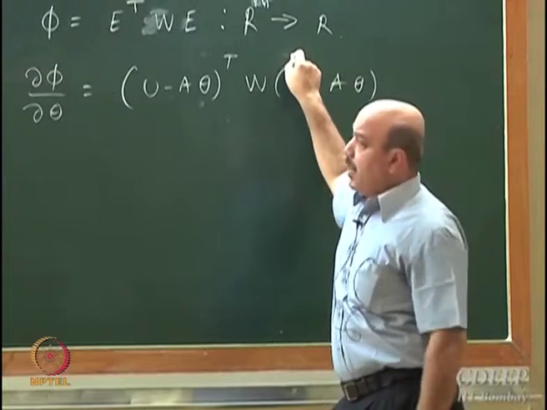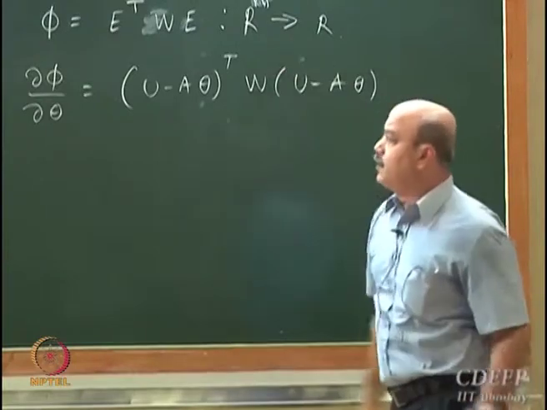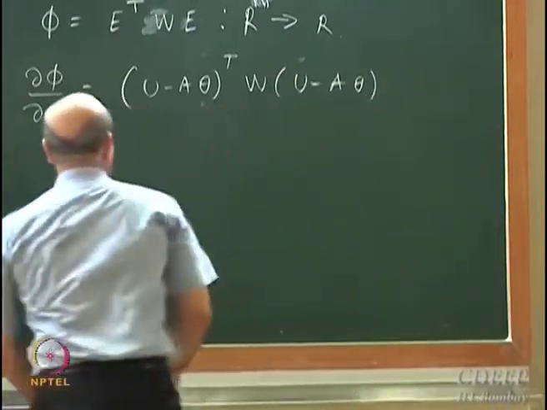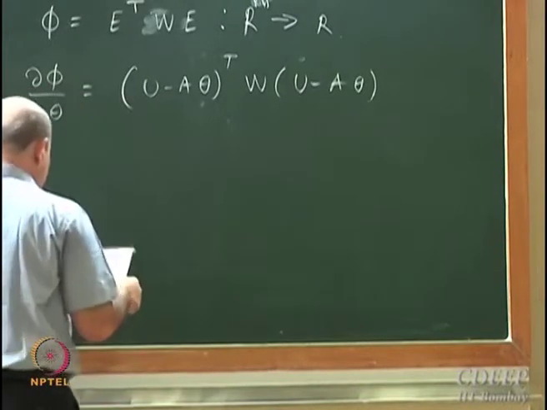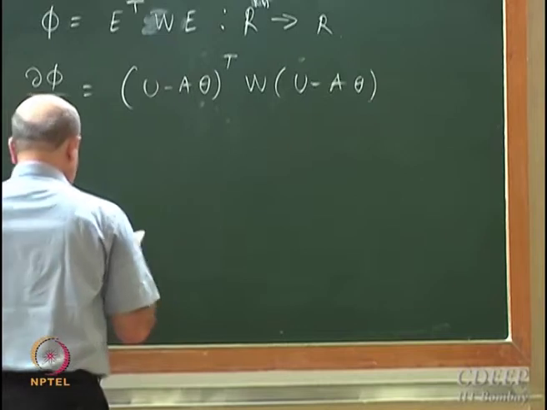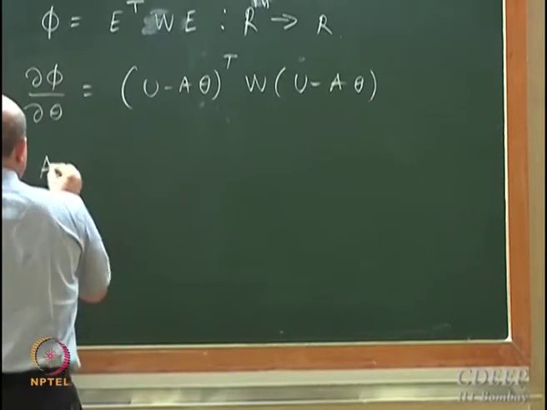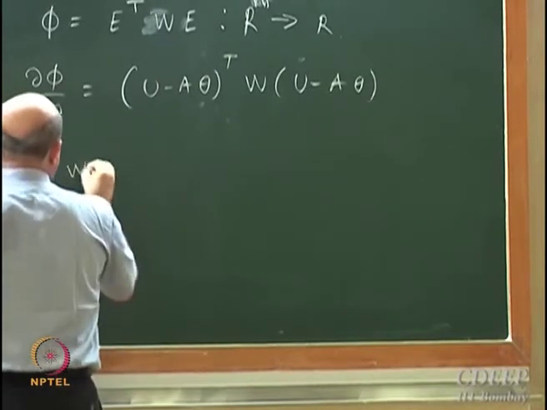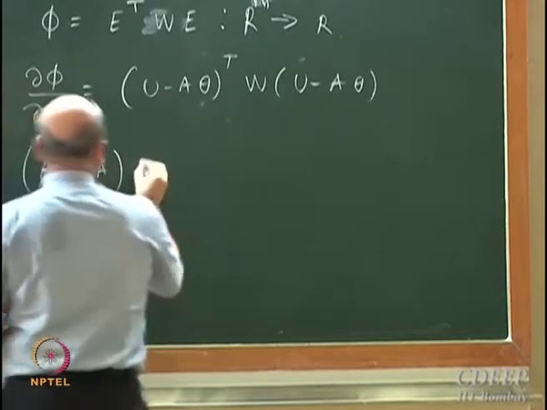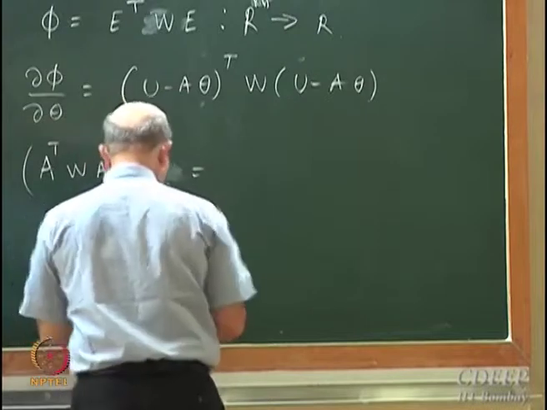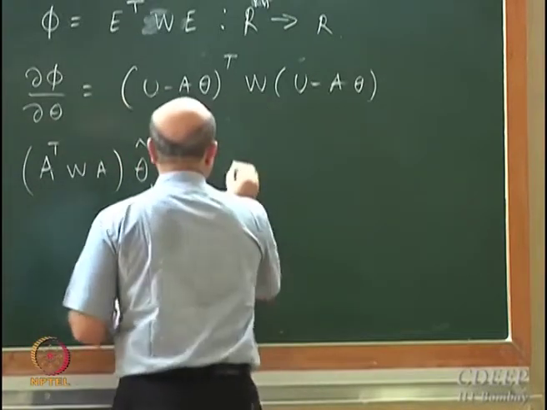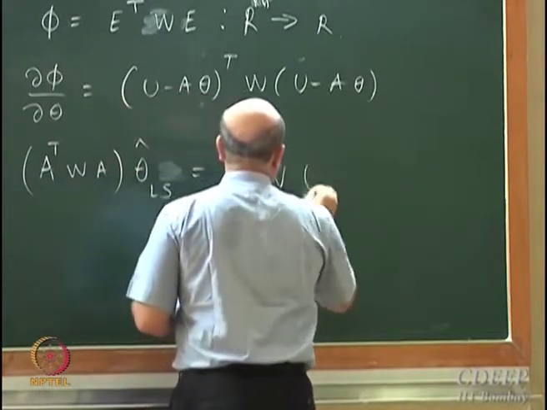We had rules of differentiation of a scalar function with respect to a vector, and using that we came up with a formula. We will get this equation: A transpose W A theta least square is equal to A transpose W U.